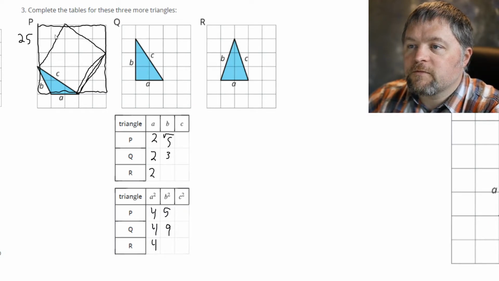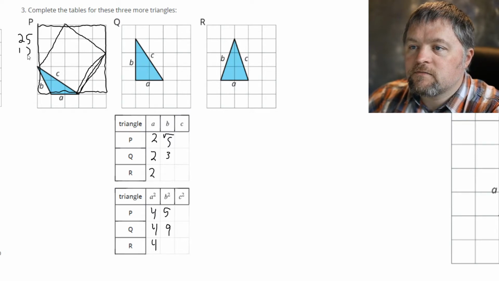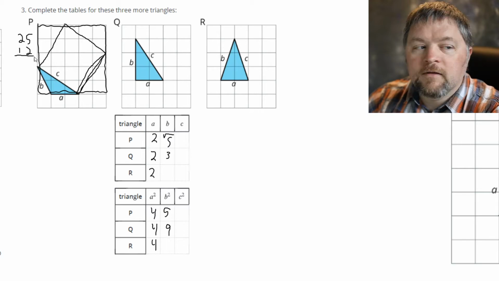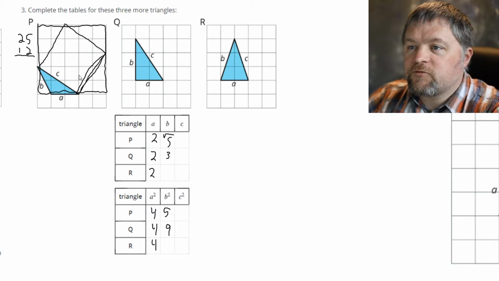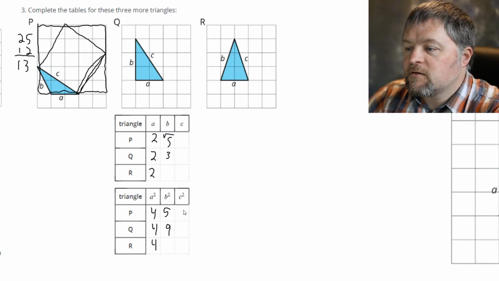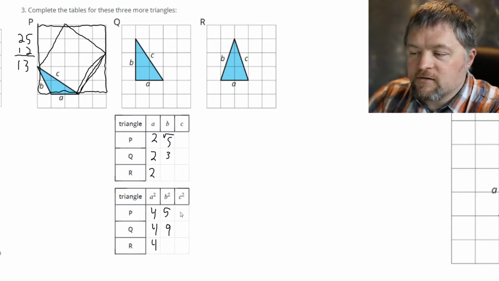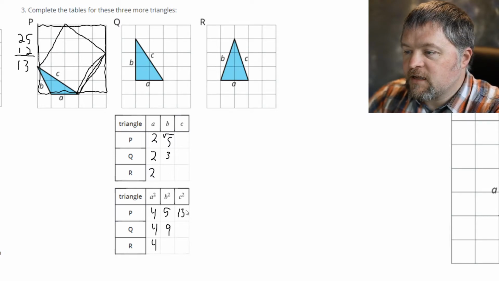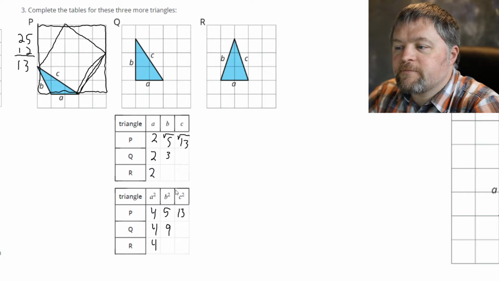There are 4 of them, 3, 6, 9, 12 units. 25 subtract 12 to get the area of our inner square is 13. So the area C squared is 13, which means our side length will be the square root of 13.